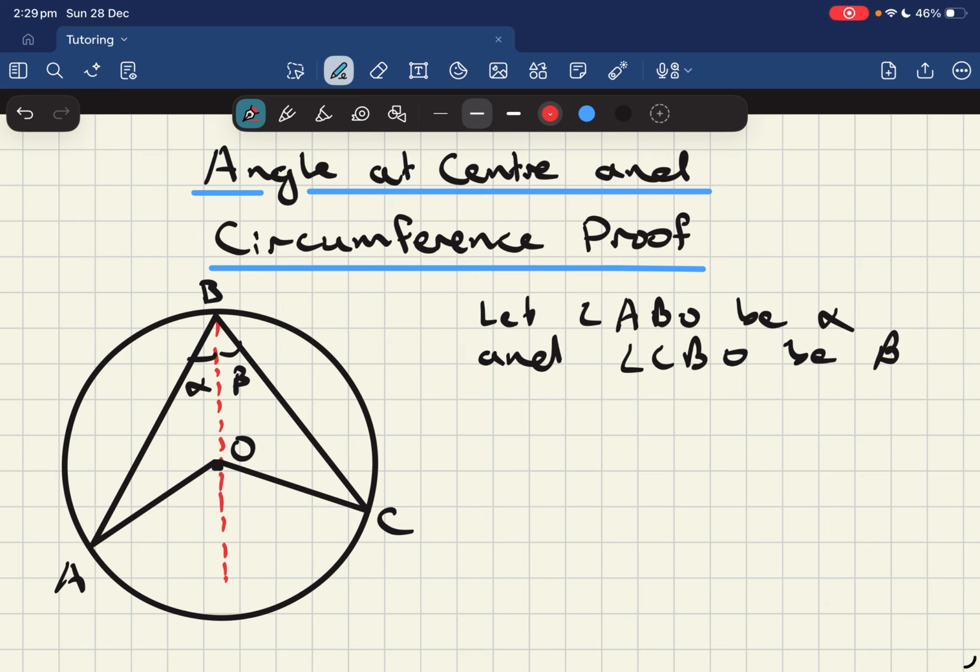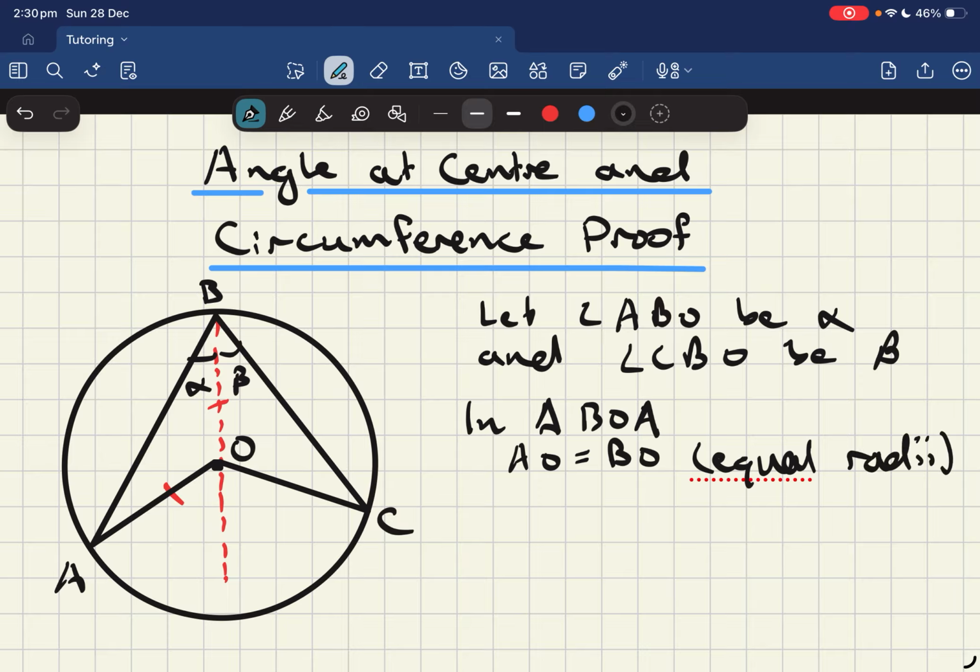So in triangle BOA, BO and AO are the same. So we're going to say in triangle BOA, AO equals BO because these are equal radii.